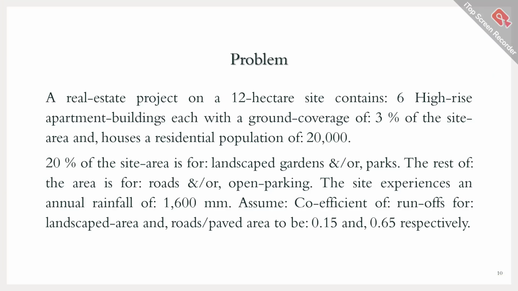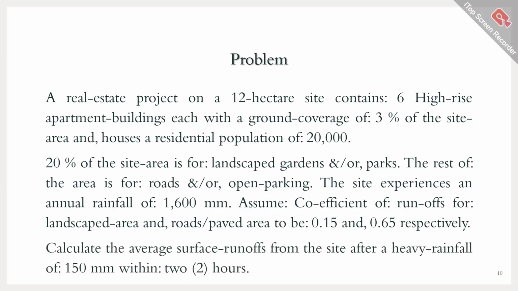So based on whatever data is given till now, you have to calculate the average surface runoff from the site after a heavy rainfall of 150 millimeter within 2 hours. Okay, so for 2 hours you have to take 150 millimeter. That means total 300 millimeters of rainfall has occurred.